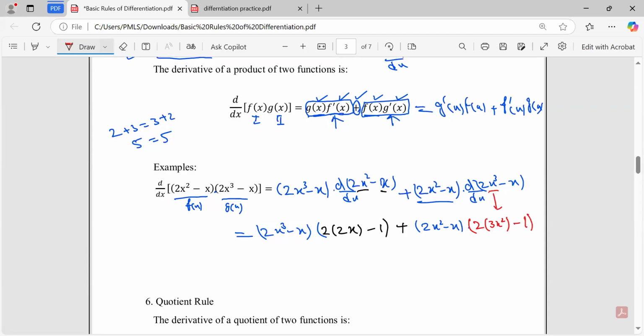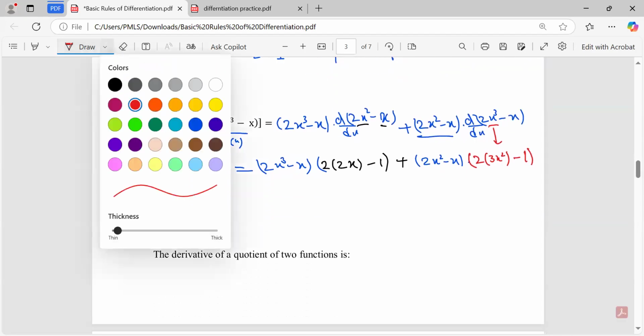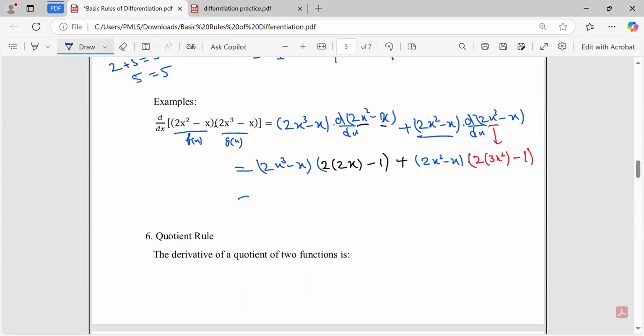So the final answer will be 2x to the power 3 minus x times 2 multiplied by 2, which is 4x minus 1, plus 2x square minus x, now 2 multiplied by 3 will be equal to 6x square minus 1. So this is the answer.